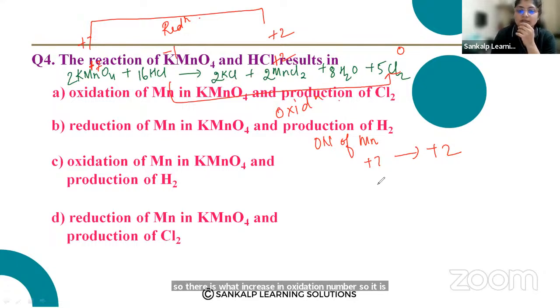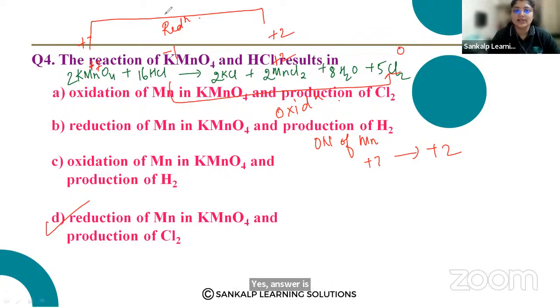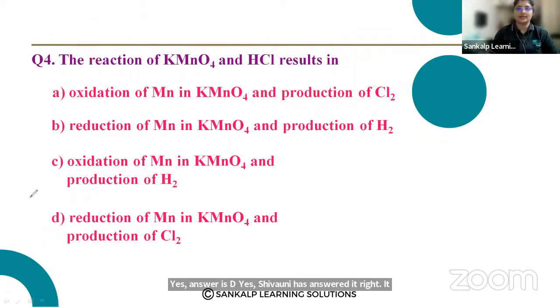Chlorine gas is formed as a product. Which is the correct answer? D. Yes, Sri Varuni has answered it right. It is D, reduction of Mn in KMnO4 and production of Cl2.